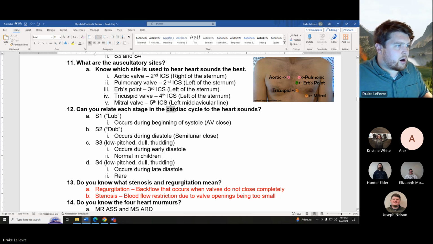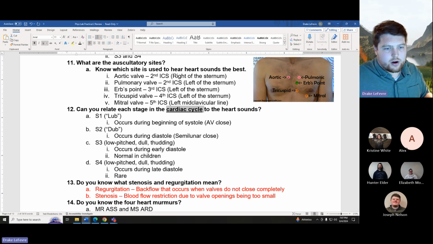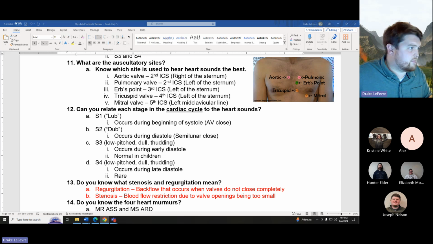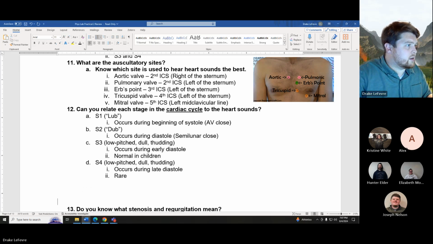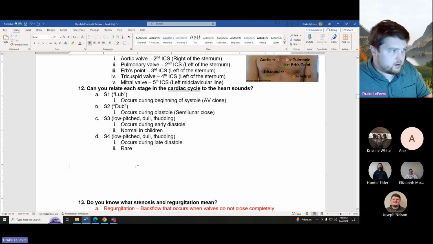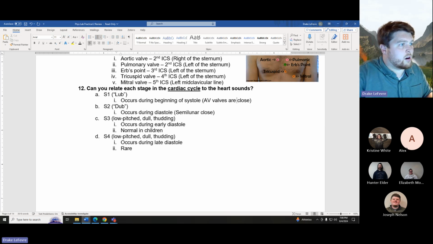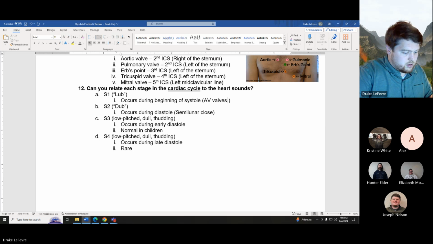So cardiac cycle to the heart sounds. Each stage, so S1, the lub, occurs during the beginning of systole. The AV valves, I like to say, snap shut.